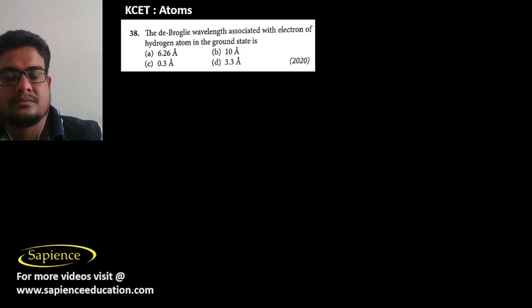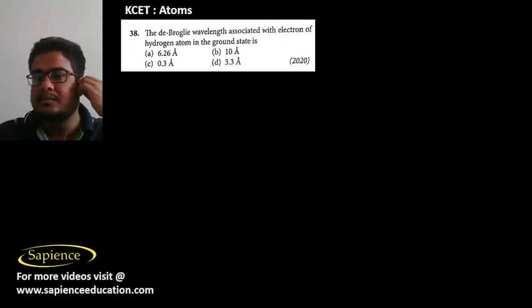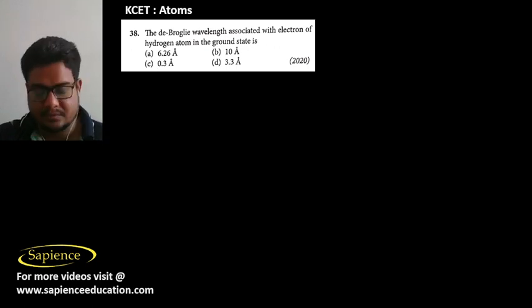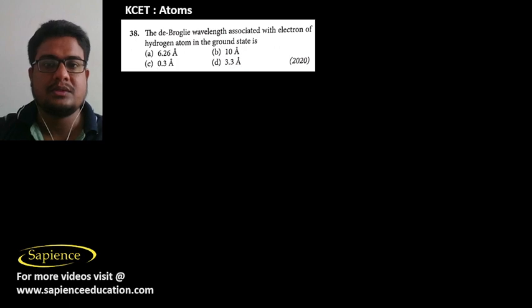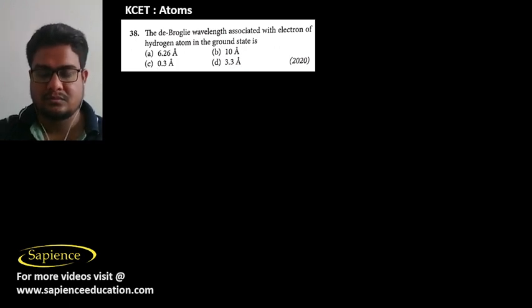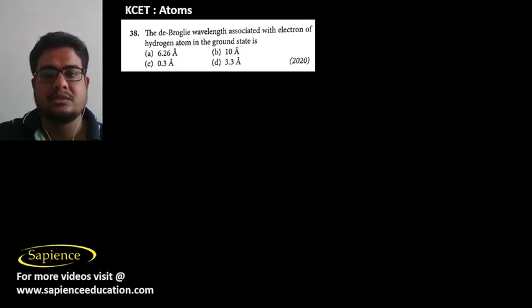Then in question number 38, it is told the de Broglie wavelength associated with the electron of the hydrogen atom in the ground state is.